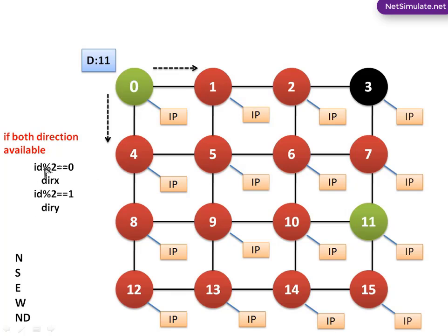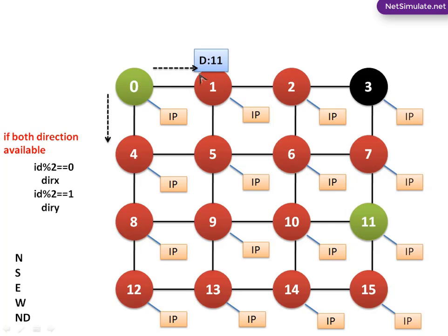This piece of code executes every time a node has two possible directions, in x and y both. The total possible directions are north, south, east, west, not defined, and C for core. So this node has two options and it runs this code: ID mod 2. 0 mod 2 is 0, so it will send this packet in the x direction.